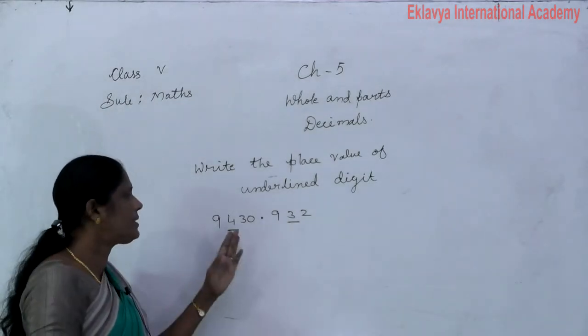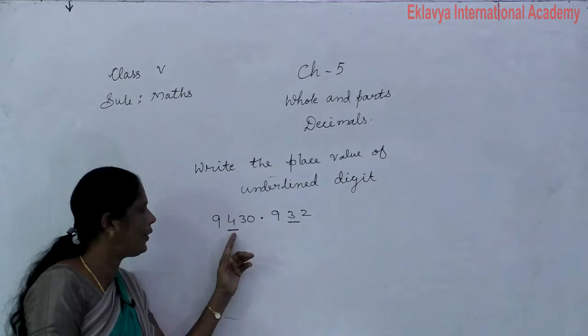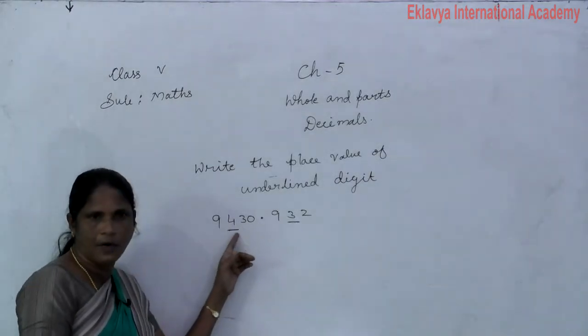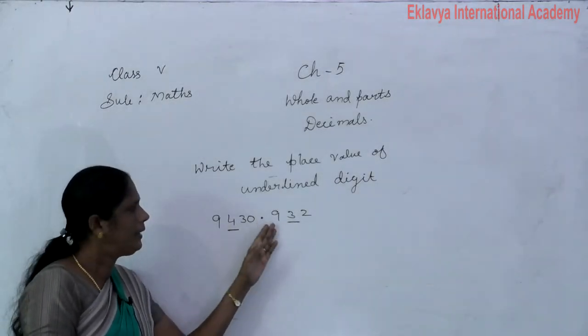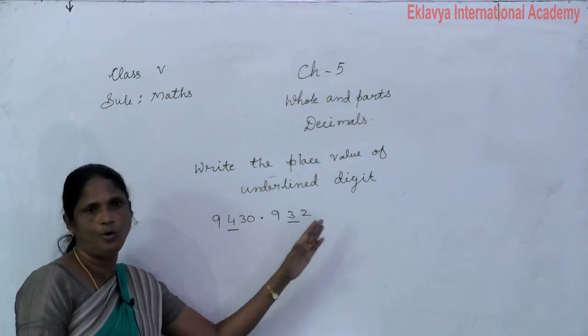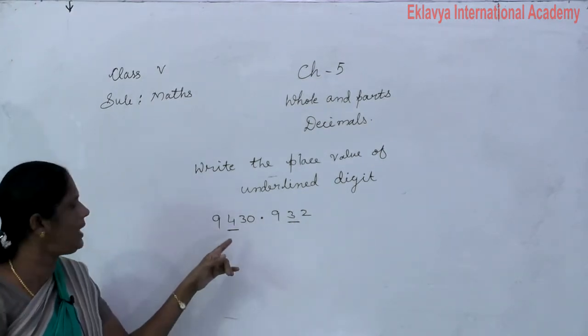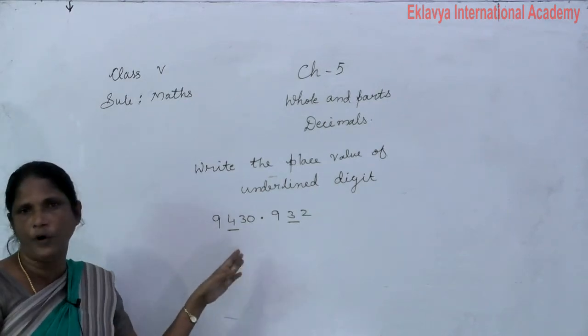Look here, 9430 is our whole number part. Here 0.932. First we write the place value of 4.